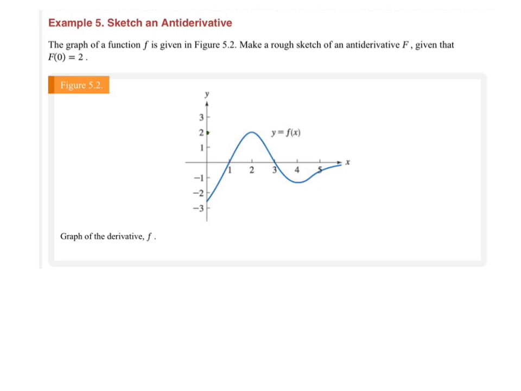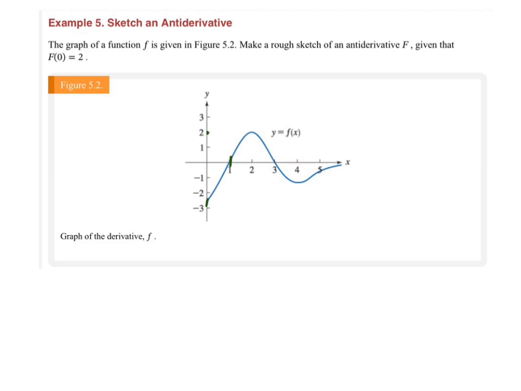Okay. So I'm going to break the derivative up for you into intervals. On the first interval, let's go from 0 to 1. This is the derivative. What do you know about the derivative on this interval? It determines the slope of the other one. Okay. Where is it located?